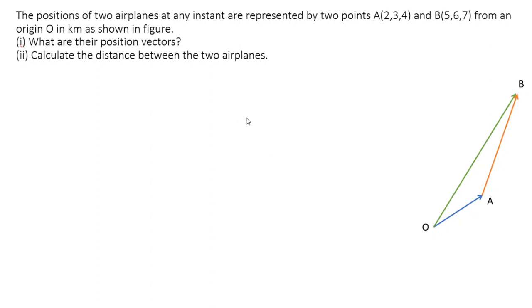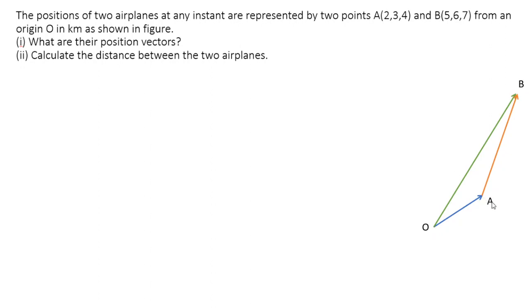The positions of two airplanes at an instant are represented by two points A and B from an origin O, and the distance is in kilometers as shown in the figure. The first part of the question is what are the position vectors, and the second part is to calculate the distance between the two planes, which is AB.